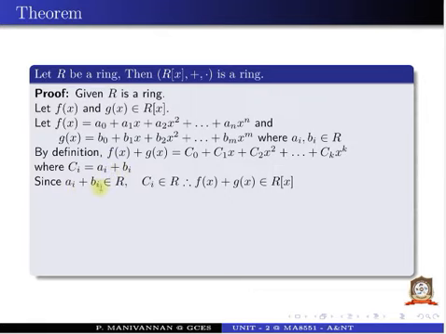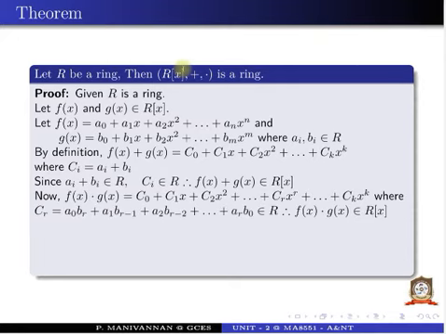Since ai plus bi belongs to R, ci belongs to R. Why? The coefficients are in the ring, and the ring is closed under addition. So ci belongs to R, which implies the coefficients belong to R, which implies the polynomial's sum also belongs to R. So R[x] is closed under addition.